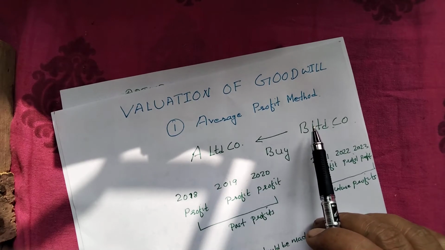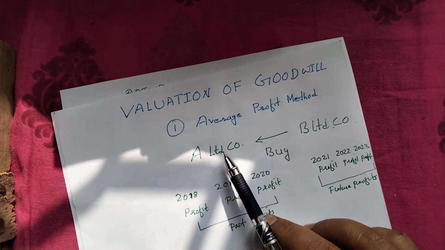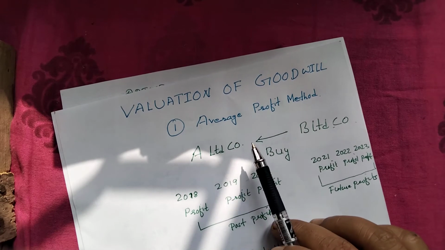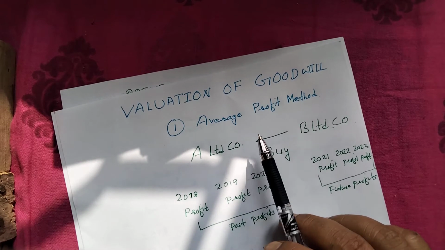We can easily calculate the net assets by deducting liabilities from the assets, but in addition to that you need to calculate goodwill as well. So how are you going to do that? We are doing that through the average profit method.